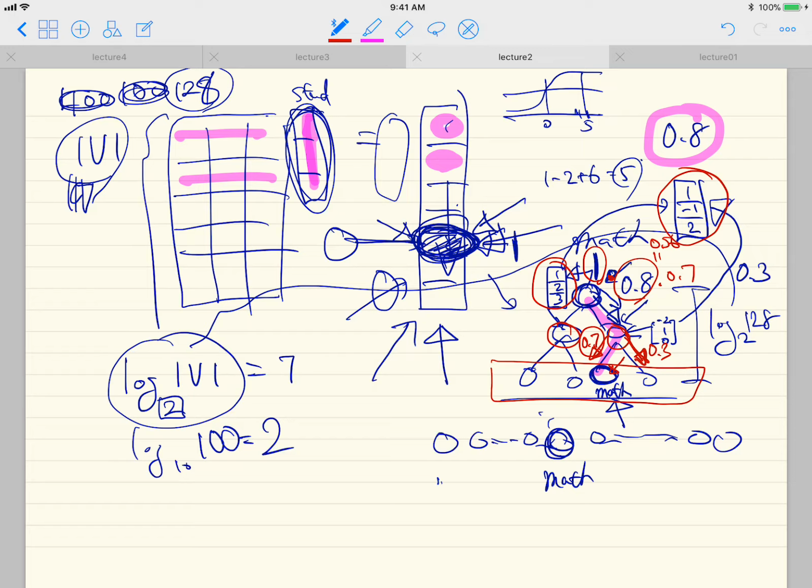So that way we can guarantee the probability is coming from a sum-to-1 kind of vector, right?